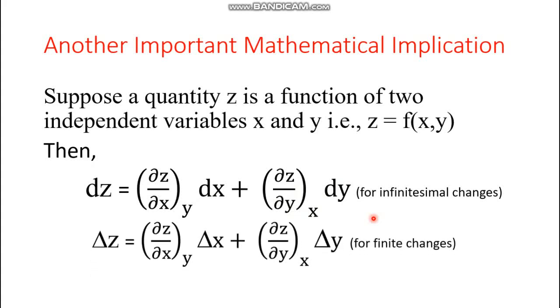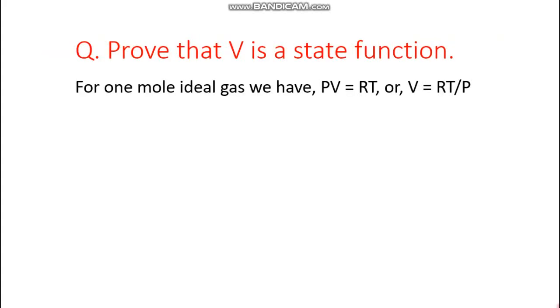But if the changes are large, it may be called for finite changes. Then dz can be written as delta z, dx as delta x, and dy as delta y. So this mathematical rule is very important, which will be applied throughout this chapter of thermodynamics.